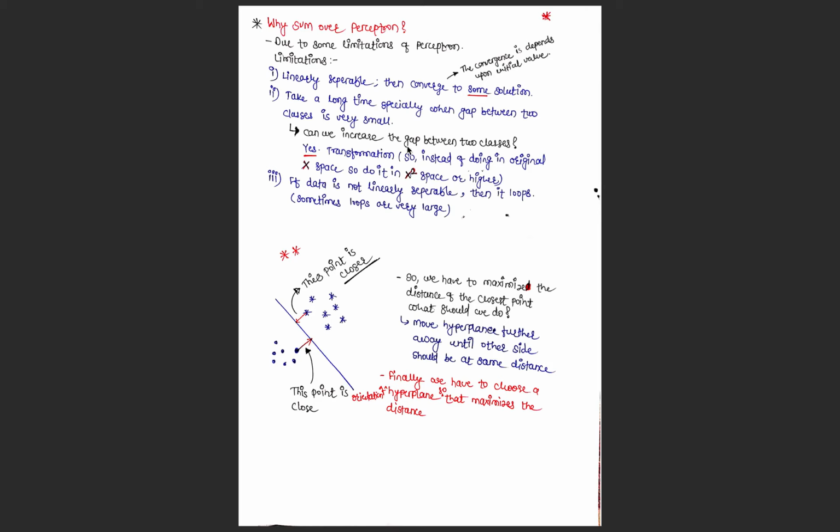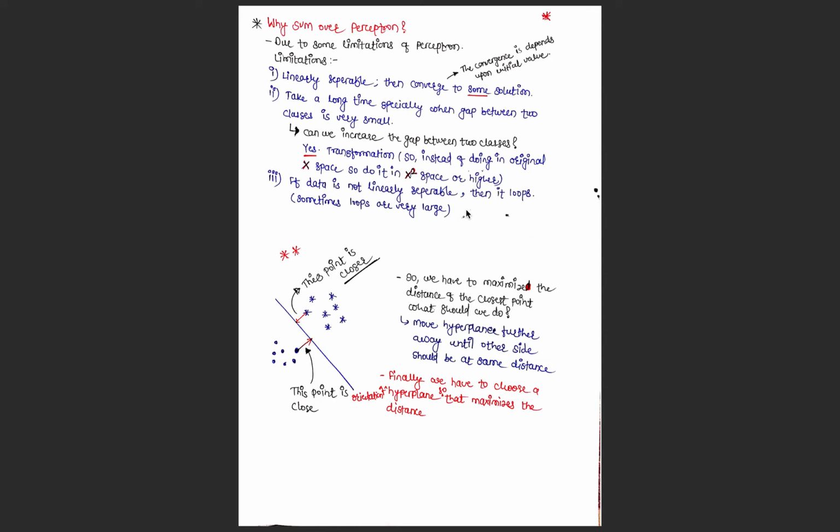Third disadvantage, and this is the main disadvantage, is that if data is not linearly separable, then it loops, meaning it will not converge. An example is the XOR problem. Perceptron will not solve the XOR problem, and that is the basic problem.